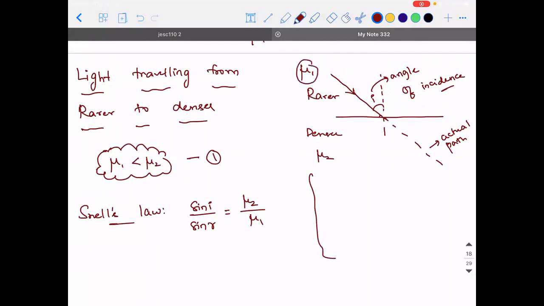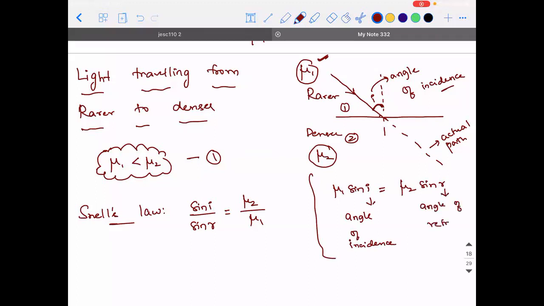You have refractive index in a medium, right? So this is the boundary. This is the first medium, second medium. So refractive index of a medium multiplied with sine of the angle in that medium, that is sine I, is equal to refractive index in the second medium into sine of the angle in the other medium, which I call it as R, where I stands for angle of incidence and R stands for angle of refraction.